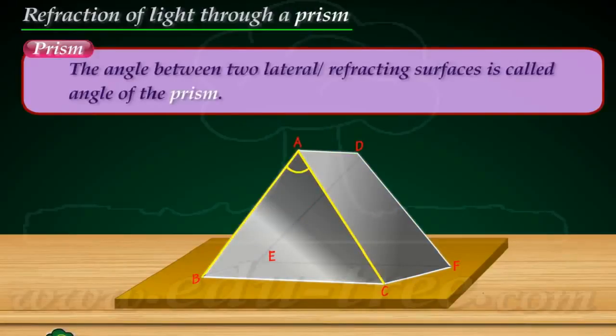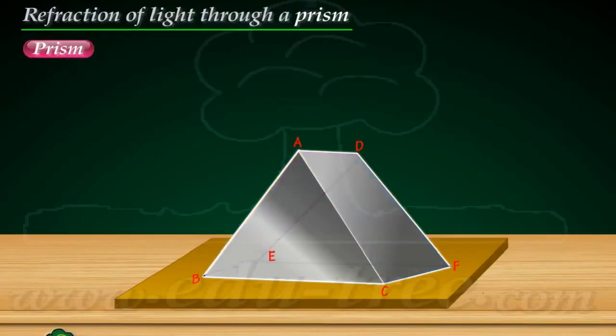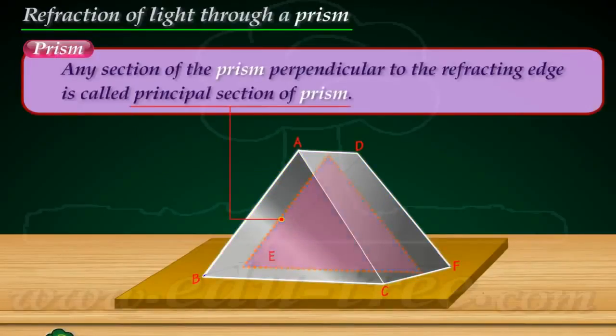The angle between the two lateral or refracting surfaces is called the angle of the prism. Any section of the prism perpendicular to the refracting edge is called the principal section of the prism.